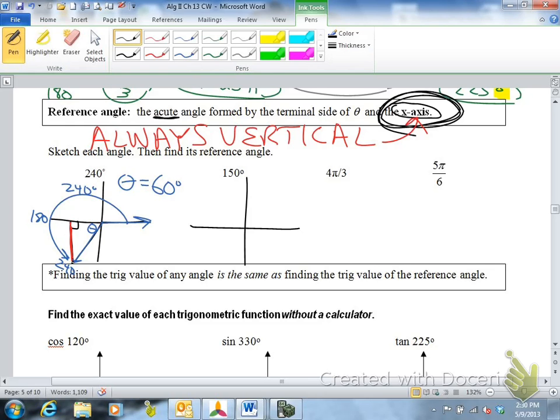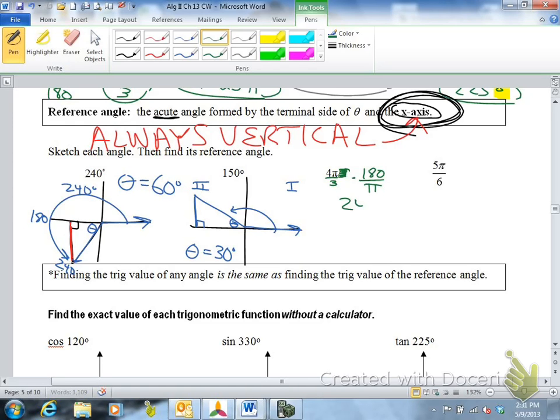So see if you could draw this 150 and find the reference angle. On the next two, we can convert 4 pi over 3 to degrees. So that would be 180 over pi.